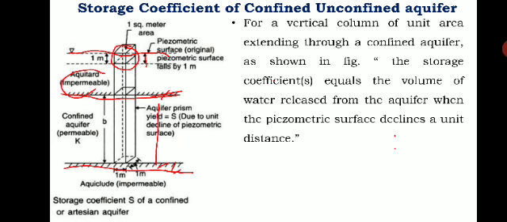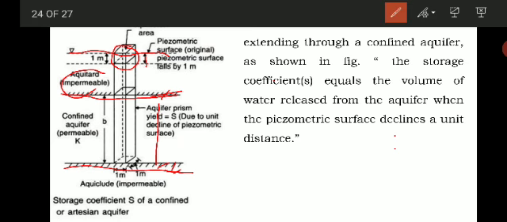So the storage coefficient, that is S, equals the volume of water released from the aquifer when the piezometric surface declines a unit distance. Here it is decreased by a unit distance, so the piezometric surface falls by 1 meter.